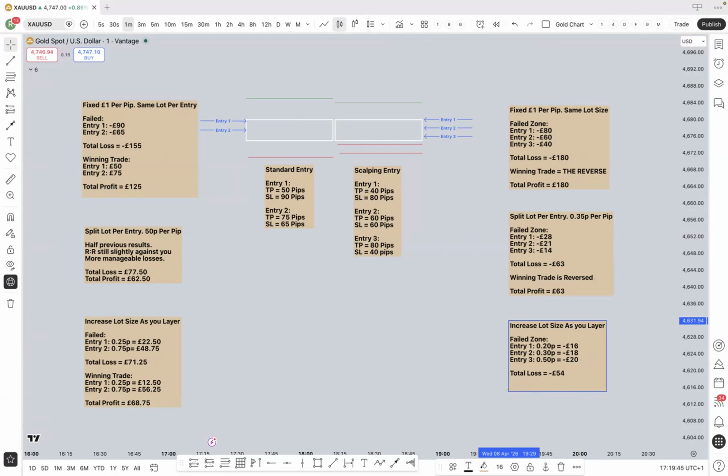Okay, so if we have a winning trade, all right, winning trade, entry 1, again, entry 1 will be 0.20p, as we know, and the winning amount will be £8 profit.